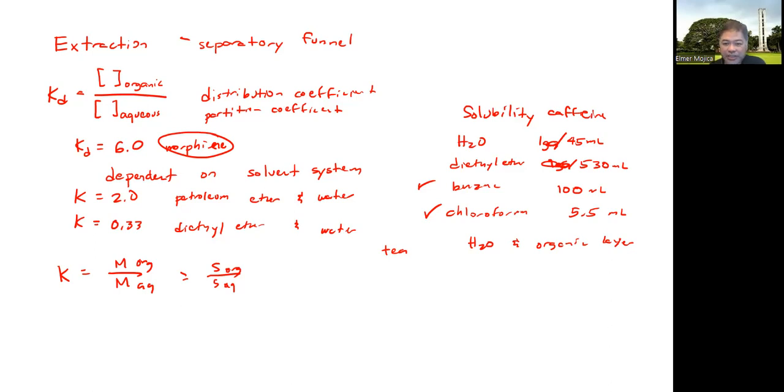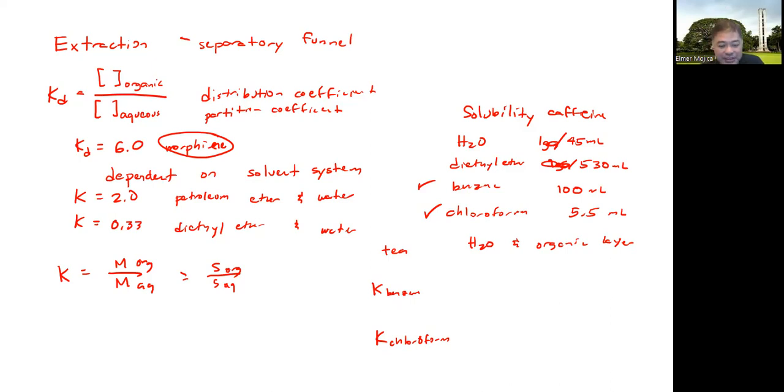How do we get the K in terms of benzene and the K of chloroform? And before we do the calculation, which do you think is a higher K? Because I'm trying to relate the solubility with the K value. Solubility is not the same as the K value, but they said it should be related.